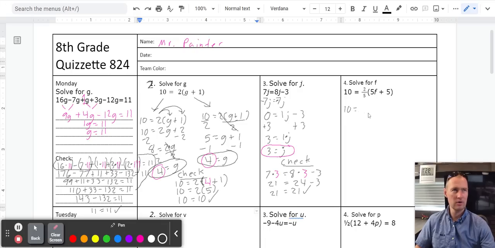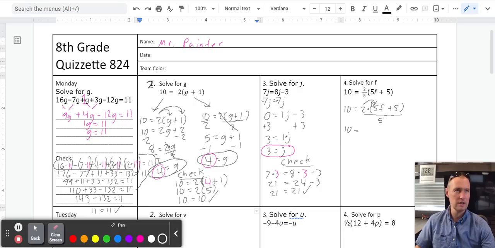10 equals, what I'm going to do is I'm going to use the fraction. Remember, a fraction is division. So what we have on top is 2 times the distributive property of 5f plus 5, over 5. That's what we're looking at right there. That's over 5. All right. So next step, we have 10 equals, let's go ahead and work on the top.